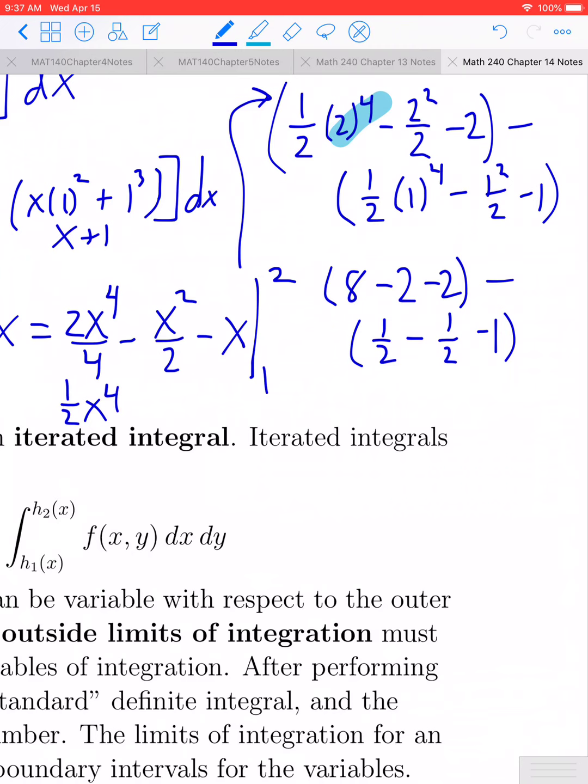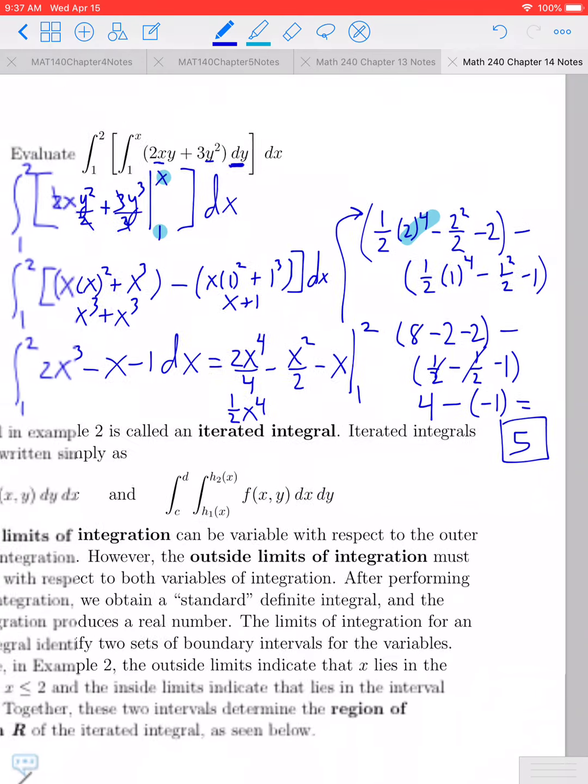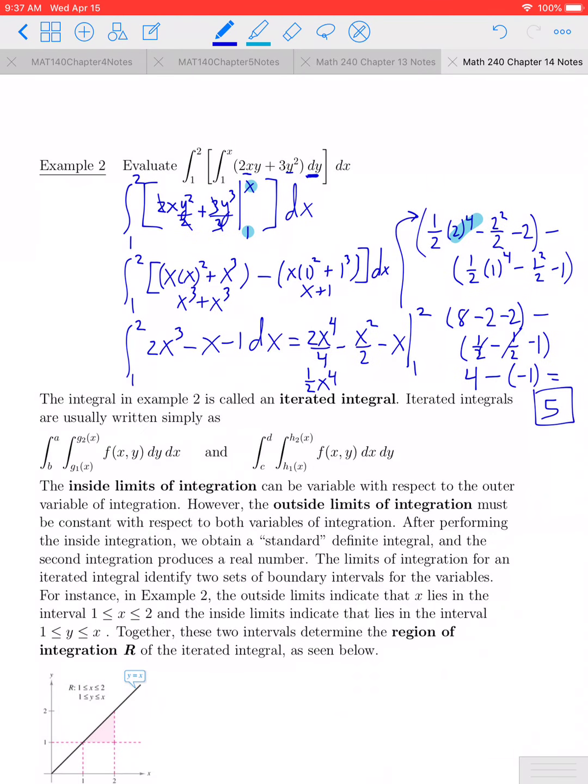So we should be left with 8 minus 2, which is 4. Subtract 1/2 minus 1/2, which cancels. So we get 4 minus negative 1, which is positive 5. So the value of this integral works out to be 5.